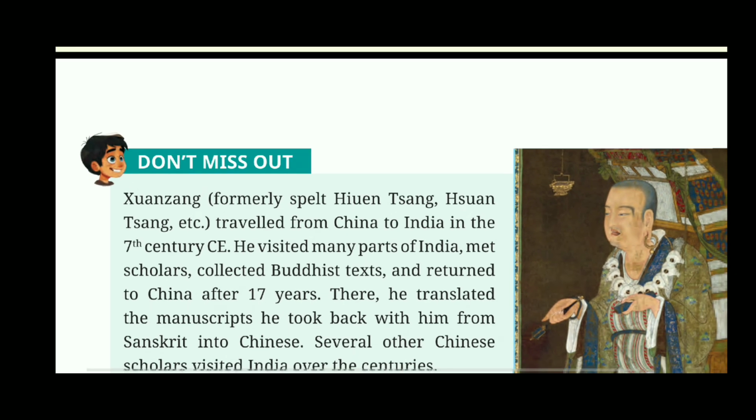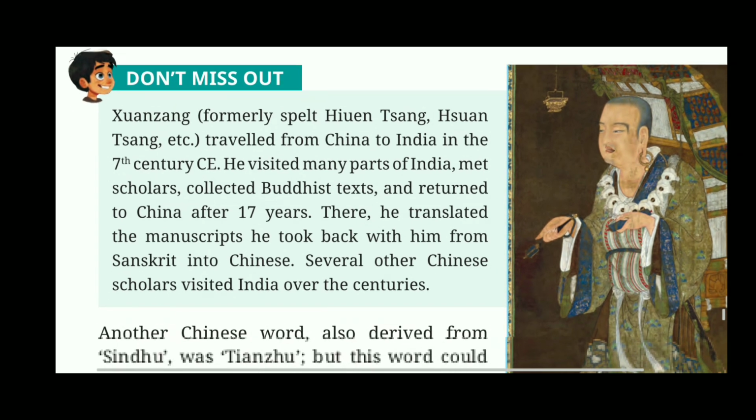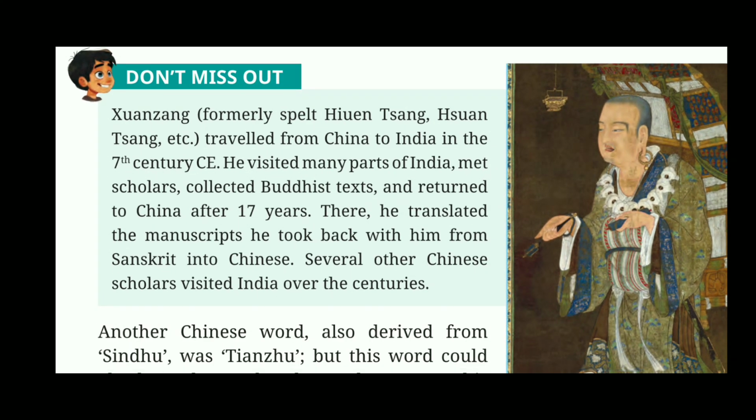Don't miss out. Xuanzang, formerly spelled Hiuen Tsang, traveled from China to India in the 7th century Common Era. He visited many parts of India, met scholars, collected Buddhist texts, and returned to China after 17 years.